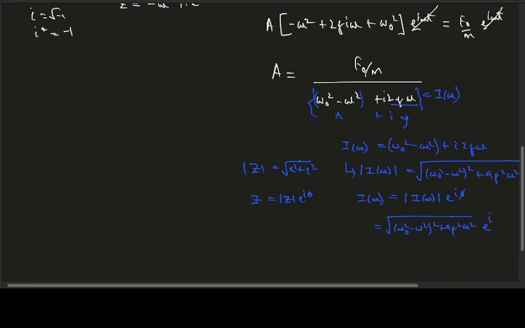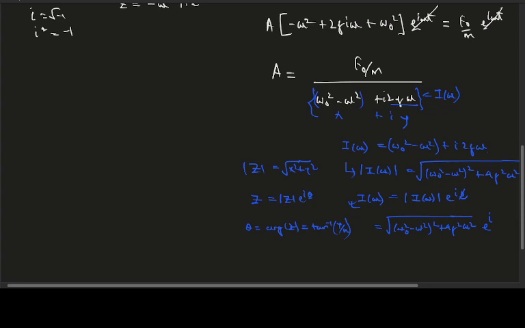Now this phi is the argument of this complex variable I of omega, so we know that in this case the theta is the argument of z, that is basically tan inverse y by x.